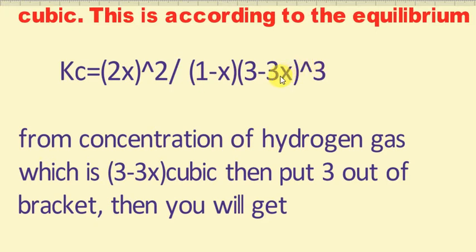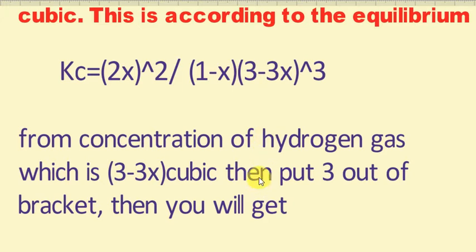we take out the 3. When we take out the 3, remember that the 3 had its cubic, so we take it out with its cubic. When we take out 3, what remains inside is 1 minus x; we cannot say it remains 1x, it is minus x.